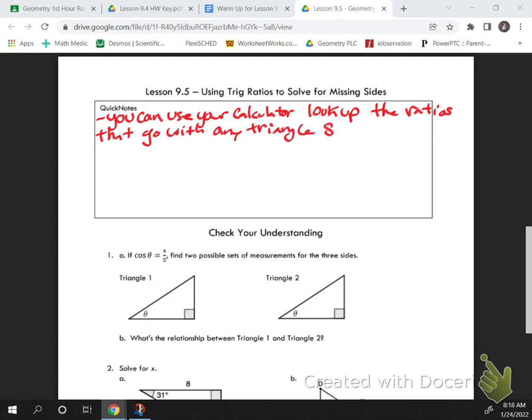Remember, there's a sine and a cosine and a tangent button on your calculator. Don't forget that. They're there. We'll do some examples in a second.